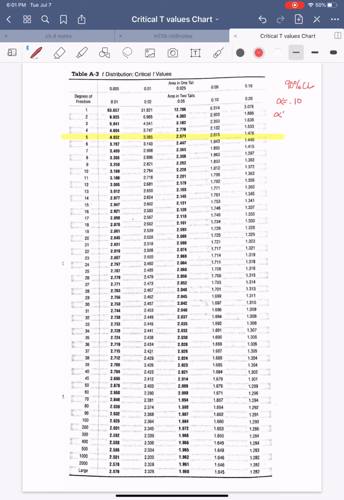So alpha over 2 is 0.10 divided by 2, which is 0.05, which is this column here. So looks like my critical value is 2.015.